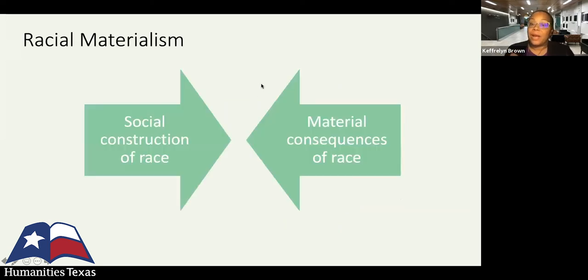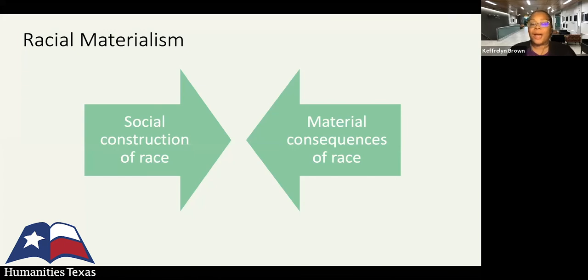But even though race is socially constructed, it's really important that our students understand, and that we understand, that those social constructions are powerful. And there are real material consequences linked to those constructions.